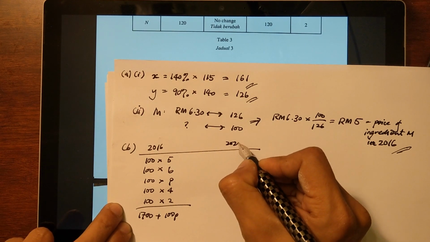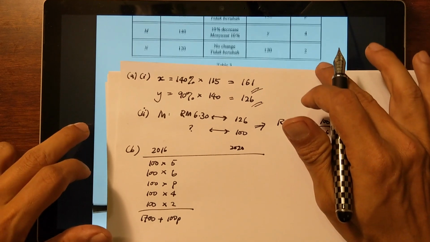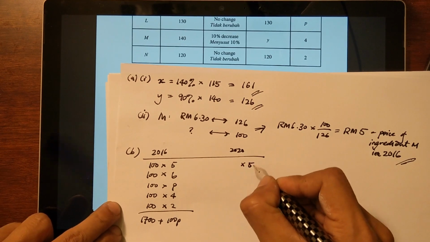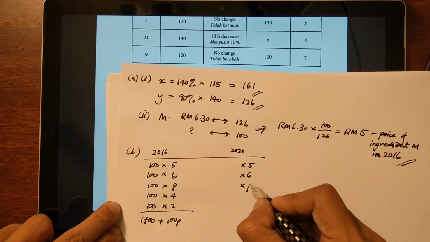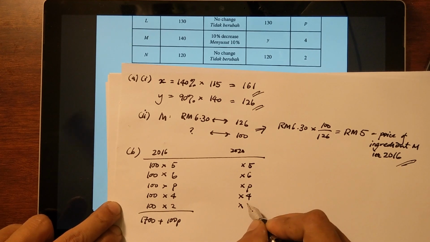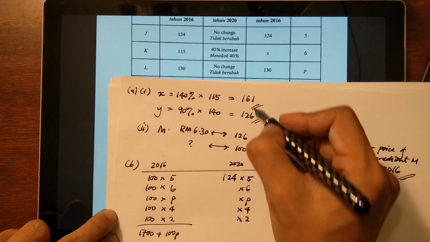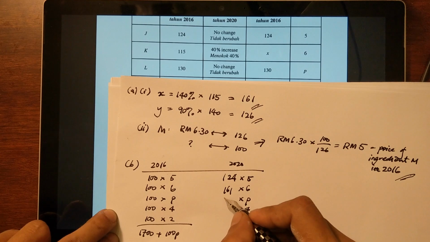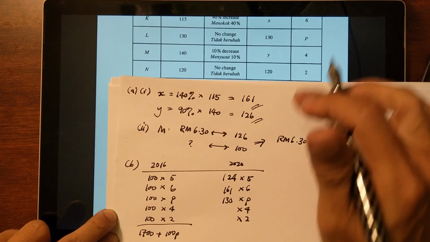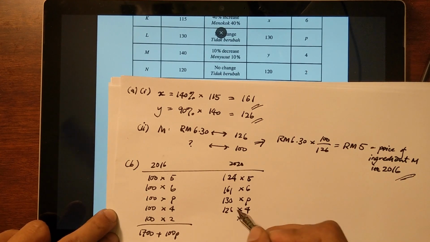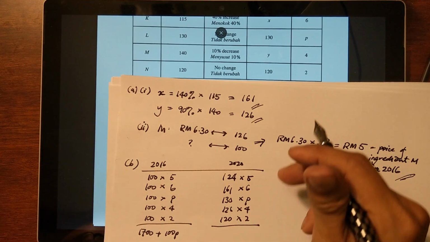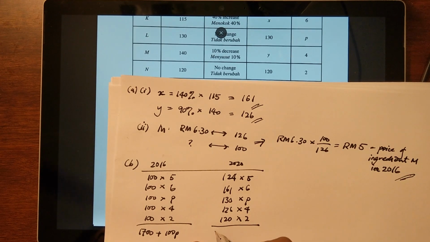And in 2020 we have again the same multipliers. We are assuming the cake recipe doesn't change, obviously, but the prices have changed. So we've got 124, and we've got 161, and 130, then 126, and finally 120, and all this gives you 2330 plus 130p.